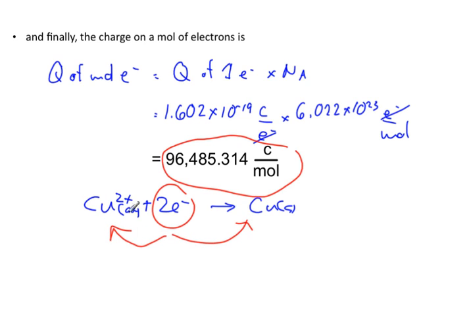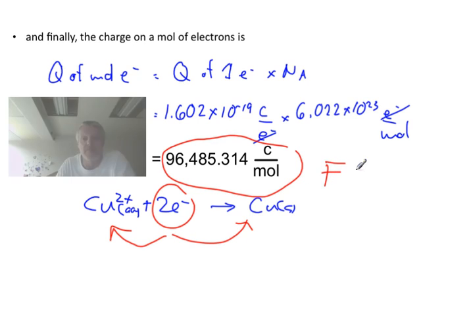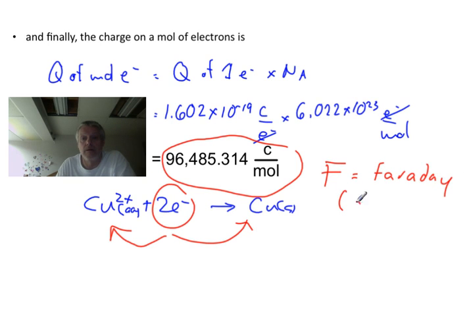Either way, we can determine the mass of the ions or the mass of the solid that we have. And so that is what we're really going to be able to do with this number. And this number is known as the Faraday, capital F. And it's a constant. And so it's not a number you have to remember, but it is a number you have to be able to use.